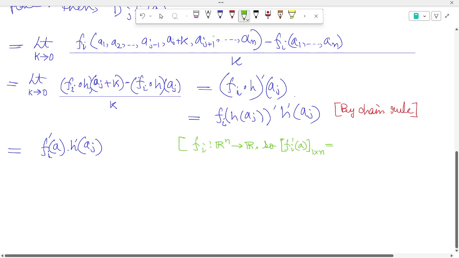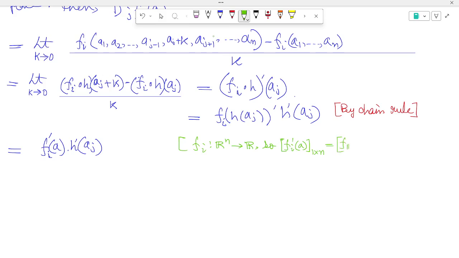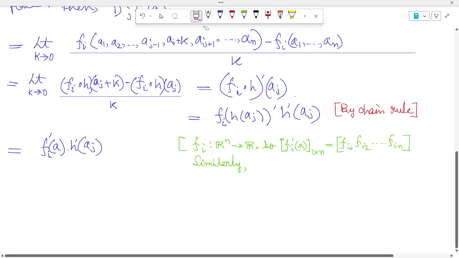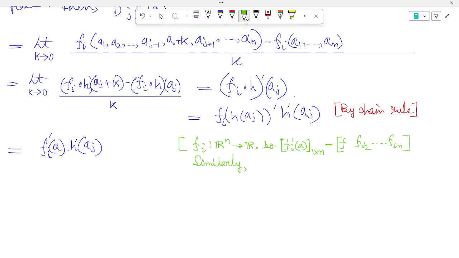So let us assume that the matrix is this, intentionally I will name it f_i1, f_i2, up to f_in. Similarly, h is a map from R to Rn.